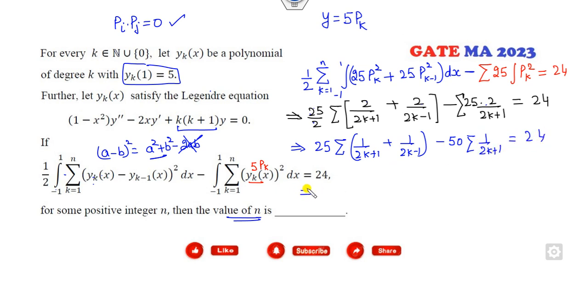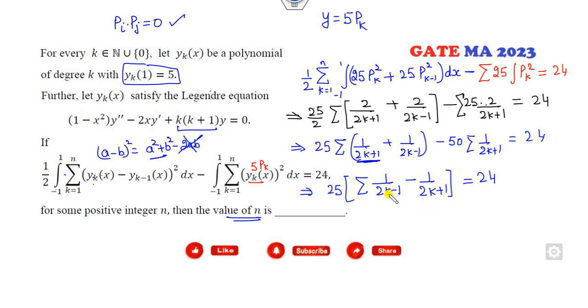I can take 25 as common. Fine. So what will happen? It will be the double of this. So I can write this number as 2k minus 1. Based on this and this, it will be minus 2k plus 1. It will be 24. Fine.